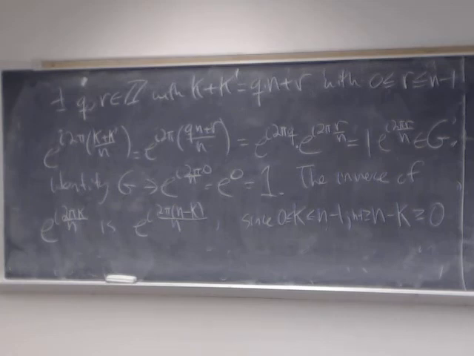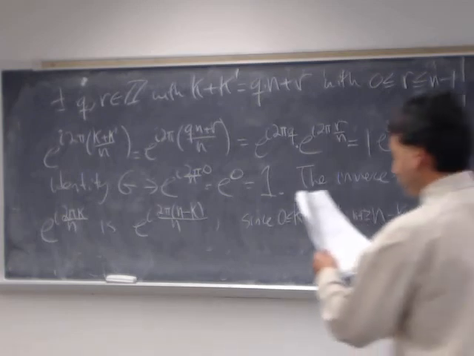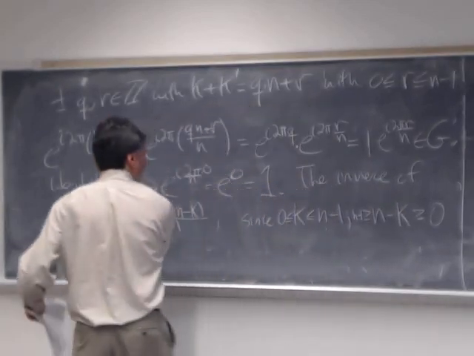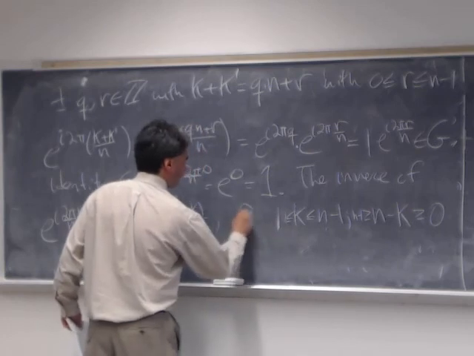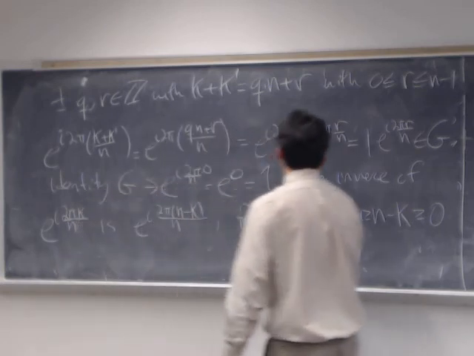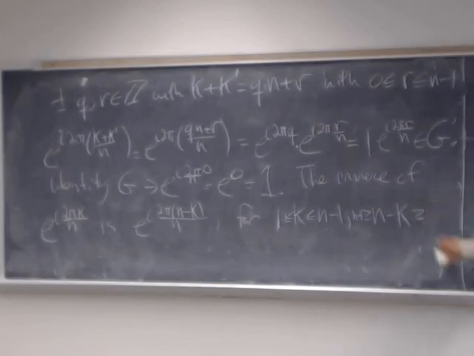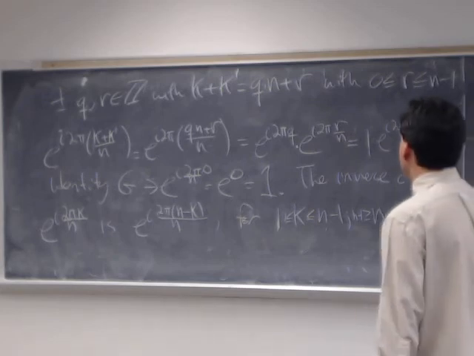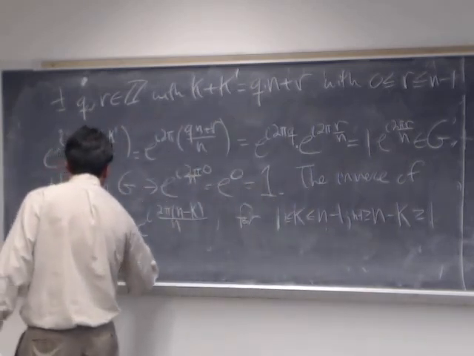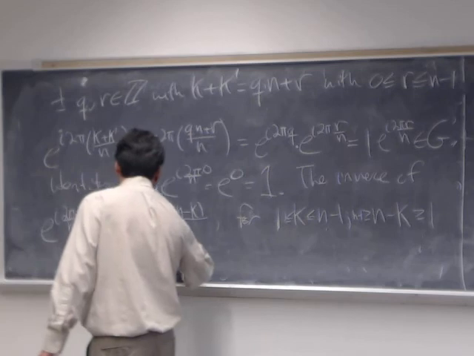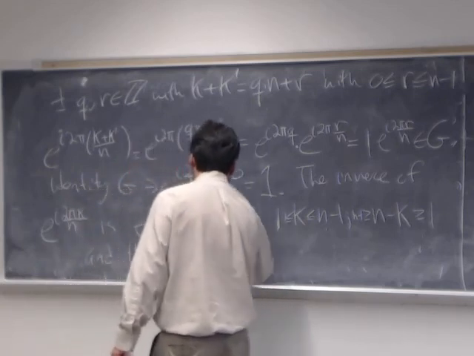That's one example. I think in the notes I took care of this. That's for k greater than or equal to 1. And the inverse of 1 is, of course, 1.